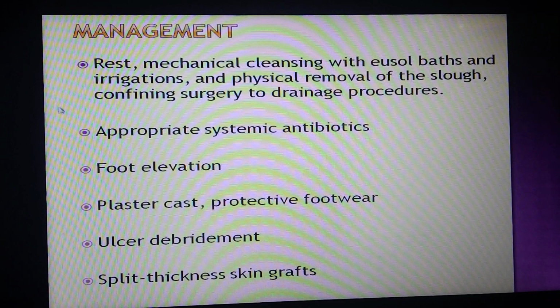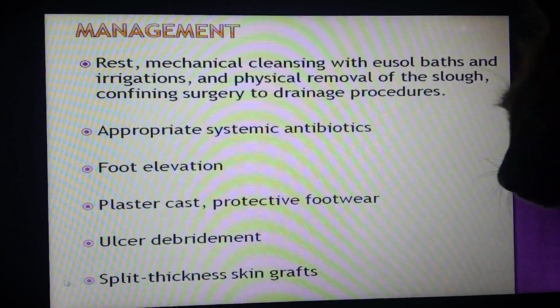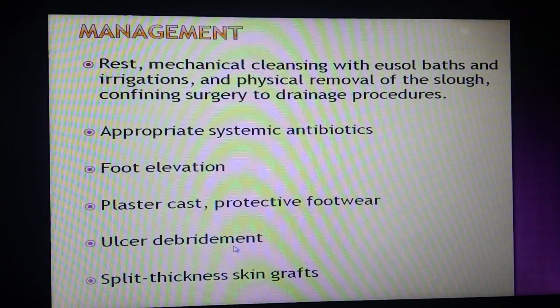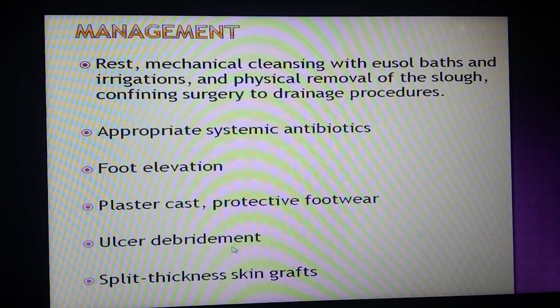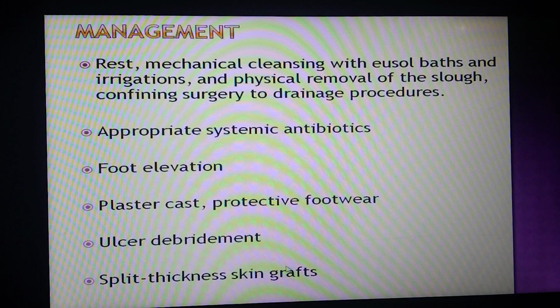The second step is that appropriate systemic antibiotics should be given. Foot elevation. Later, plaster cast and protective footwear should be worn. Ulcer debridement, split thickness skin grafts.